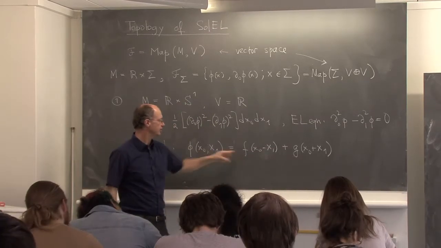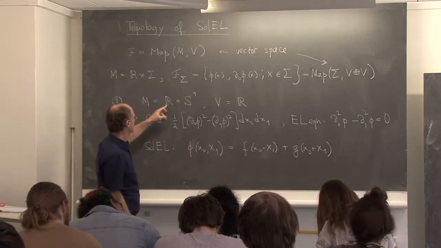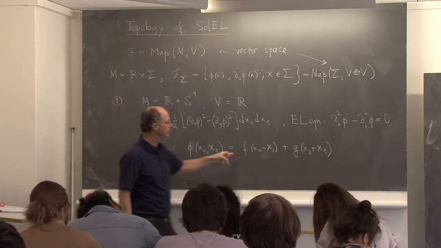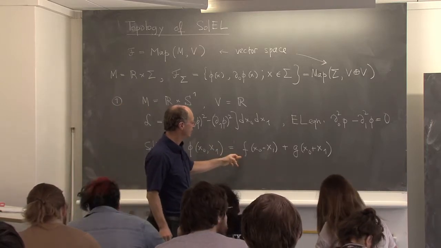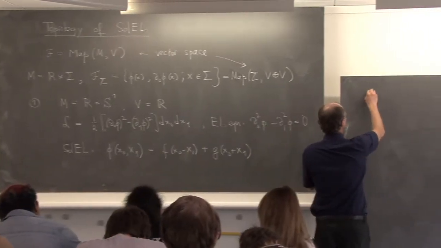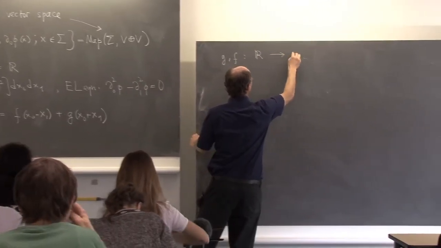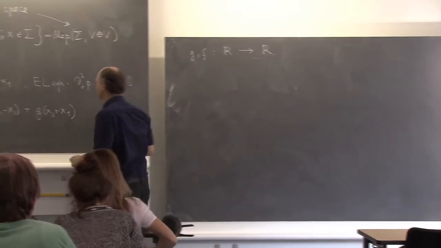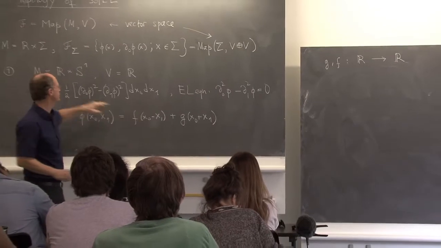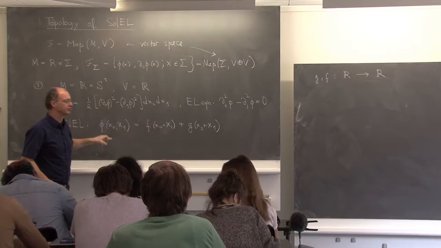Now, phi is a function from R times a circle to the real line. Well, what about f and g? Let's think of f and g as functions from R to R, but then we need some kind of periodicity conditions on them because we want the resulting function to be a function on R times S1.